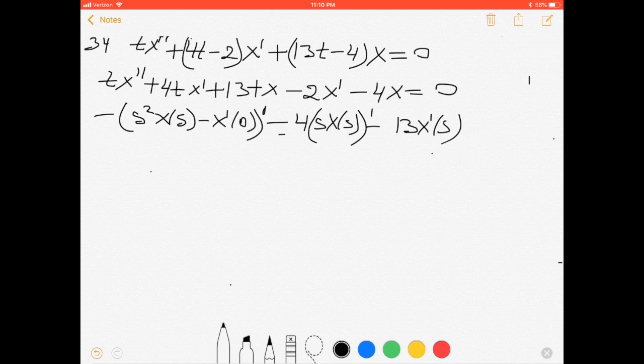This means minus, and minus 2s x to the s and minus 4x to the s equals 0.